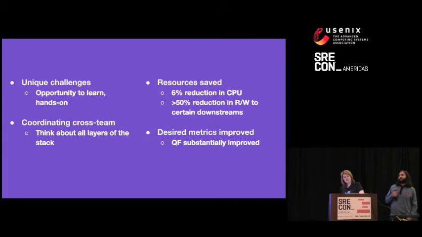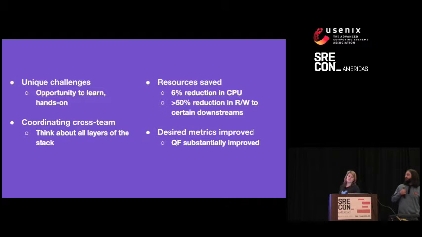Our initial estimate was 17%, which was a lot more exciting, but that was the lab estimate, and lab does not equal production, and 6% was the right number. So there you go. Still a lot of savings. Also, we reduced reads and writes for certain downstreams by more than 50%. Also great. So all of this stuff factors into savings on our operational overhead.